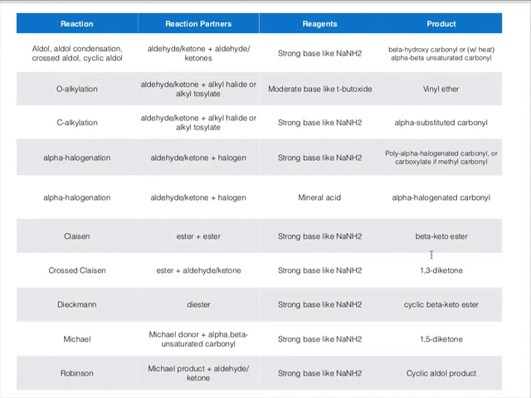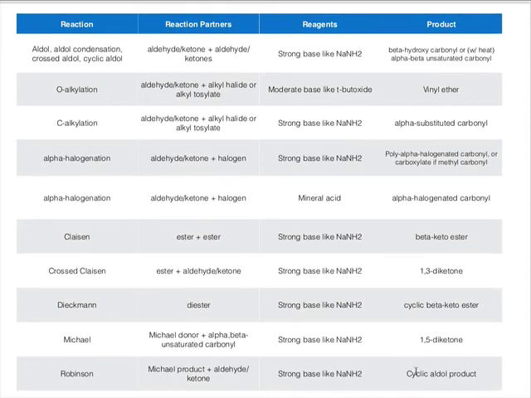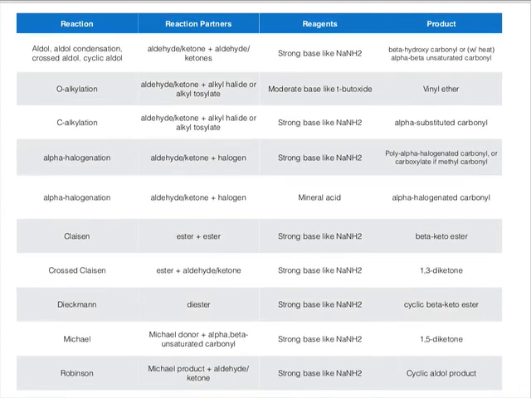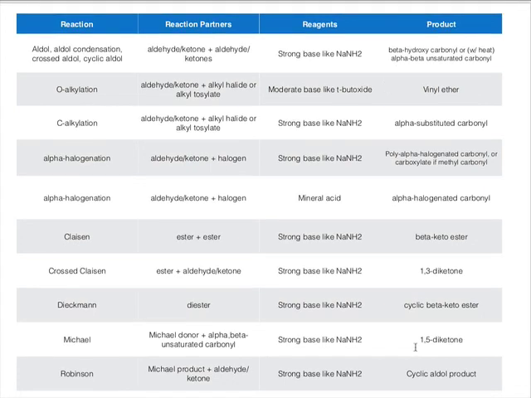If it's attached to a ring, you might think, that's a cyclic aldol product. Maybe it was from a Robinson, which also involved a Michael addition. So we've got all these different reaction partners, conditions, or products to pay attention to. The trick is to keep them straight: which product can come from which reactant partners, and which reaction partners can give what product, and maybe the reagents matter.